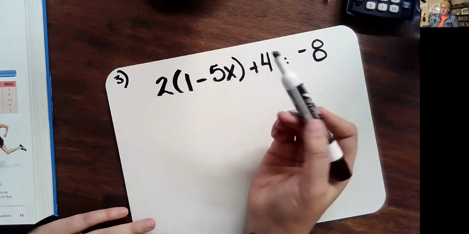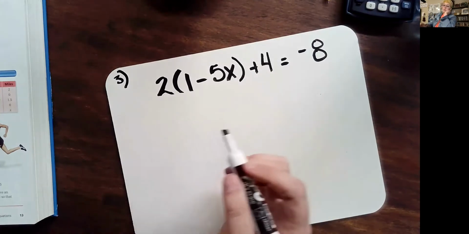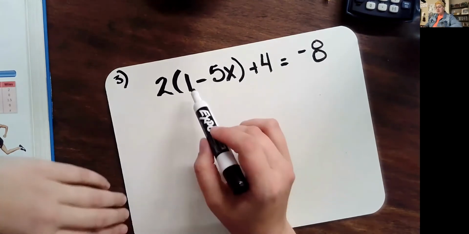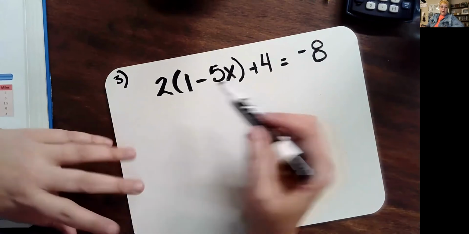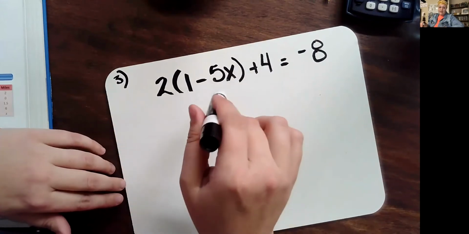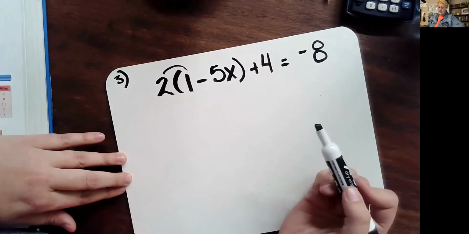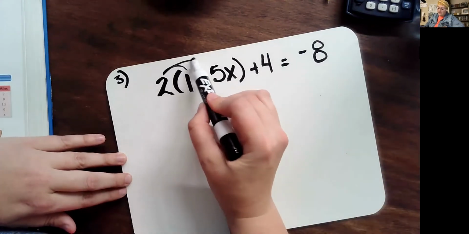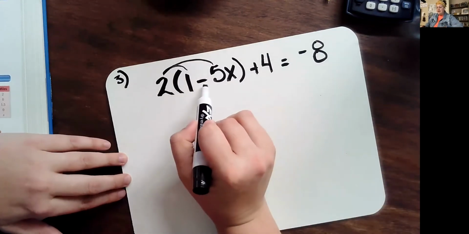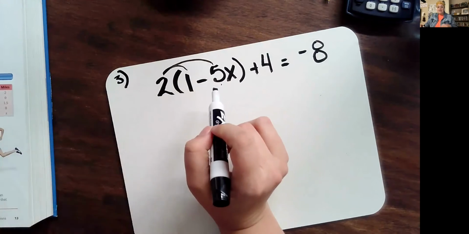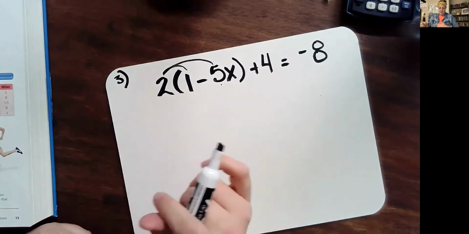So the distributive property means we distribute the multiplication across the 2 or 3 or however many pieces are in the parentheses. We're going to multiply 2 times 1, and then 2 times -5x. We're going to keep that negative because it's going to be a subtraction.